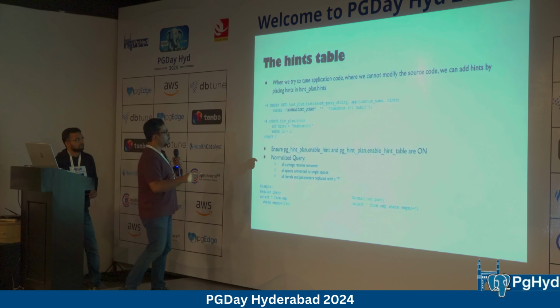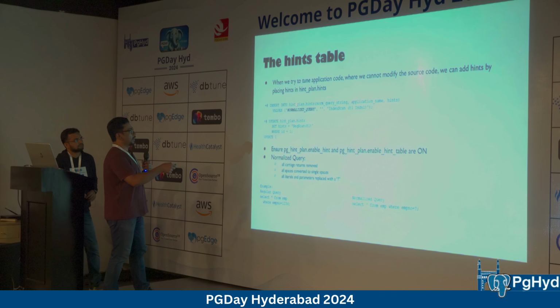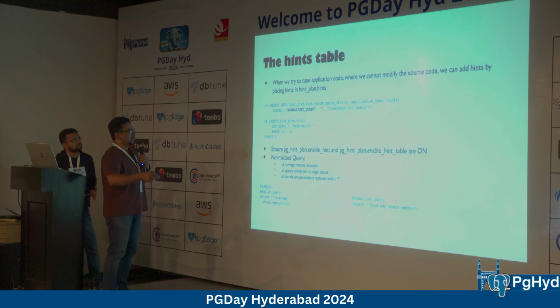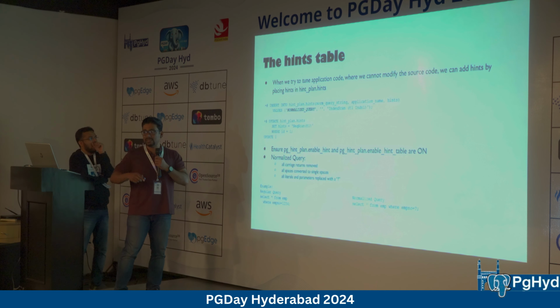In the hint_plan schema, you have the hints table, and inside that, you insert the normalized query, the application name, and the hint. In the hint, you can put in any kind of thing like an index scan or whatever hints are possible, and then you put in the values. That way, your optimizer will be able to use the hints even without explicitly changing the source code.